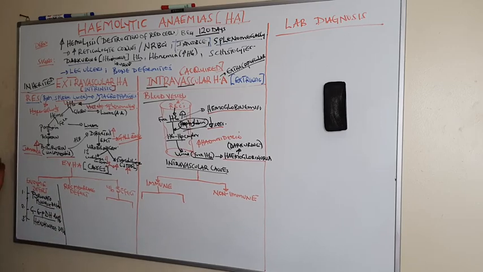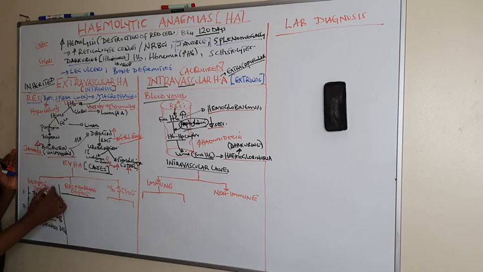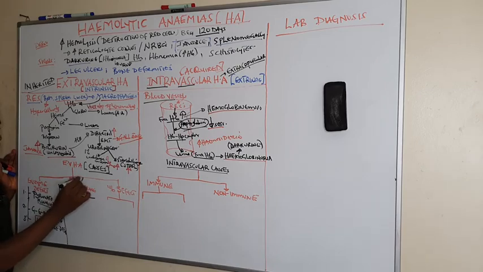Another category under extravascular is red cell membrane defect, because we know that the membrane of RBCs is made up of a cytoskeleton known as ankyrin and spectrin.